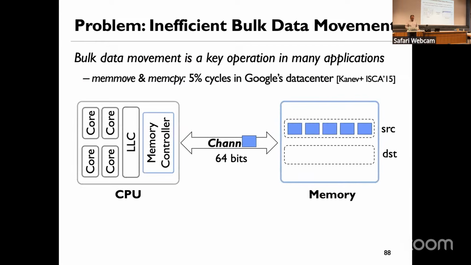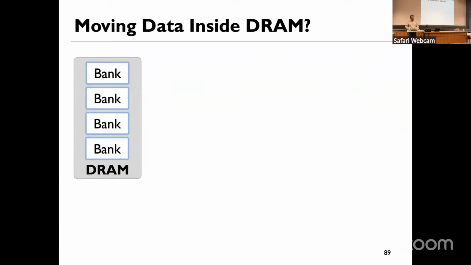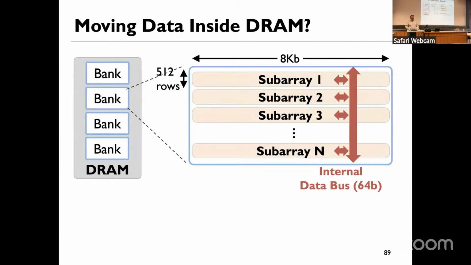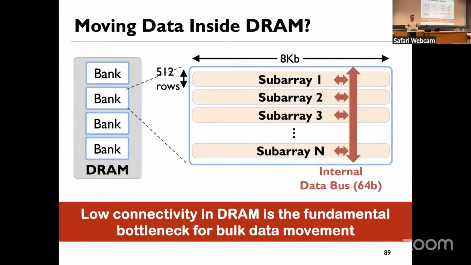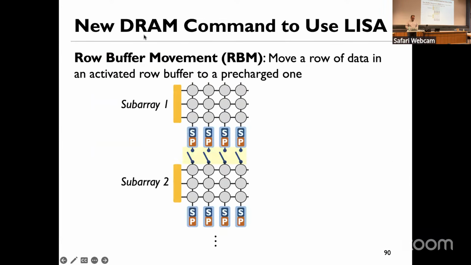I don't want to go over all these things. These are related to copying data, and you also want to copy across subarrays. So what LISA proposed is row buffer movement, RBM, where we move a row of data in an activated row buffer to a precharged one.